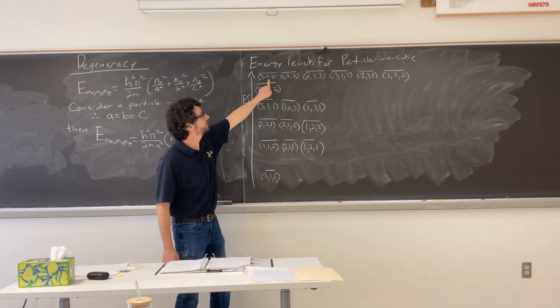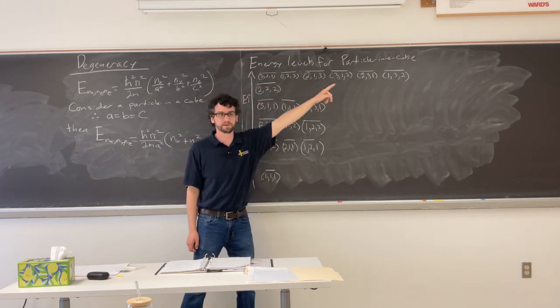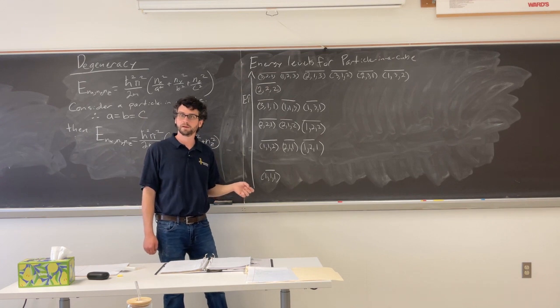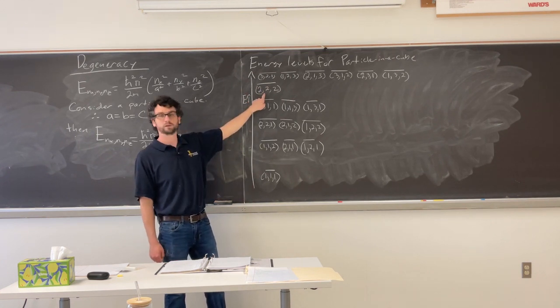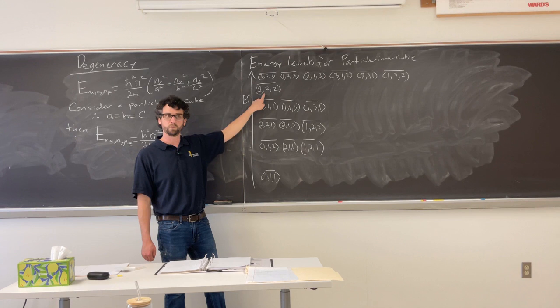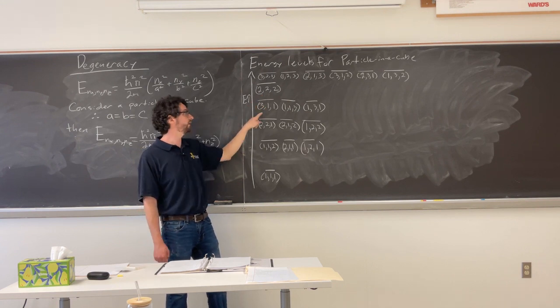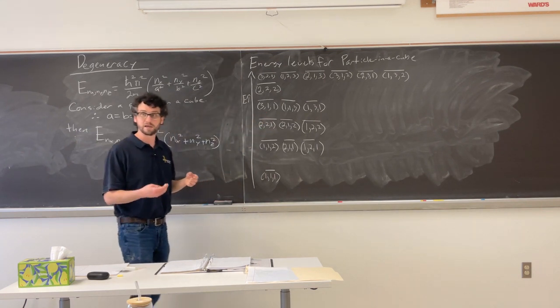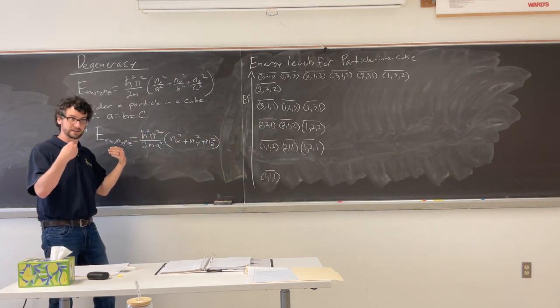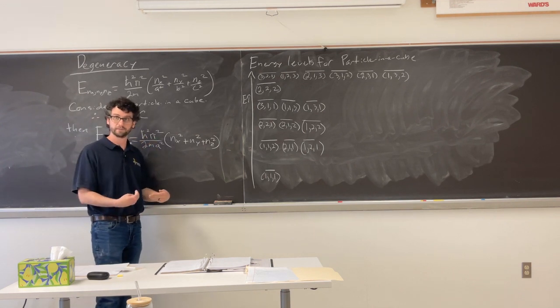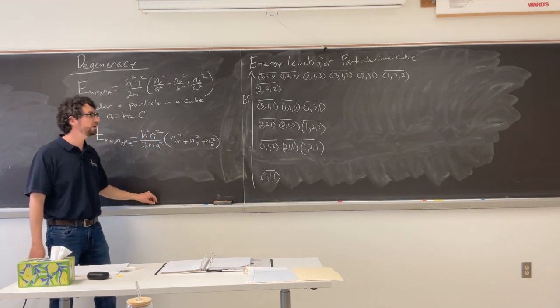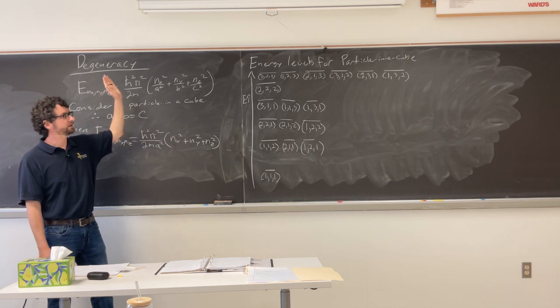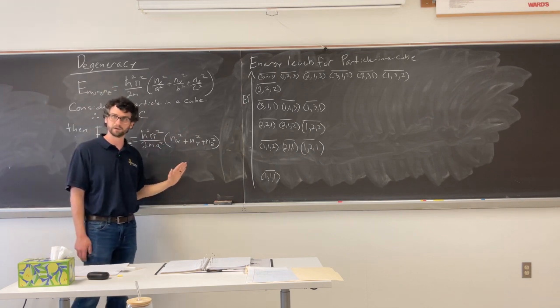How many different wave functions do we have for this top row? 6. For this one, how many wave functions result in this energy? Just 1. This one, 3. So keep in mind that you can have different wave functions that result in the same energy. Okay? That's where those splitting patterns come from when we start looking at atomic orbitals.